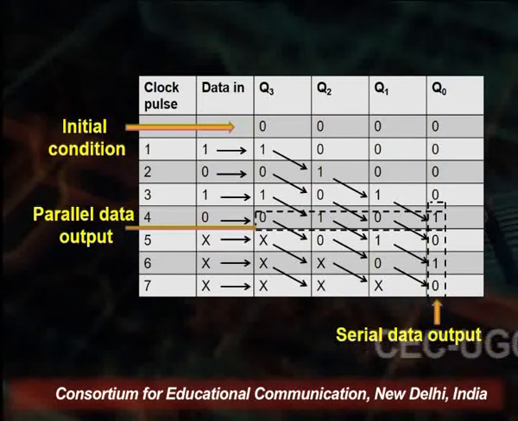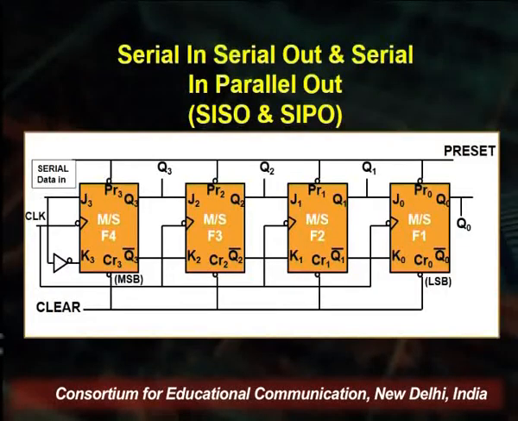So, if we again go back to the circuit, we see that at a given point of time, we can access the data either in a parallel manner or in a serial manner.